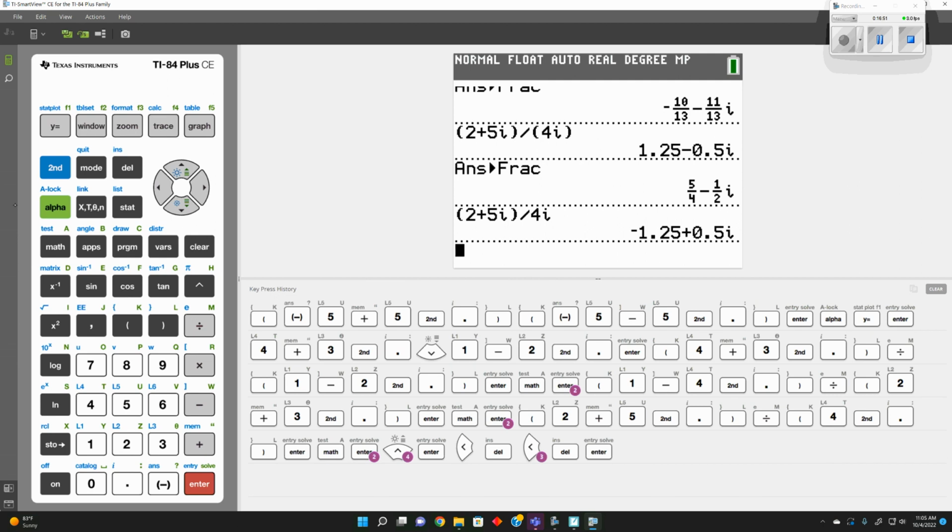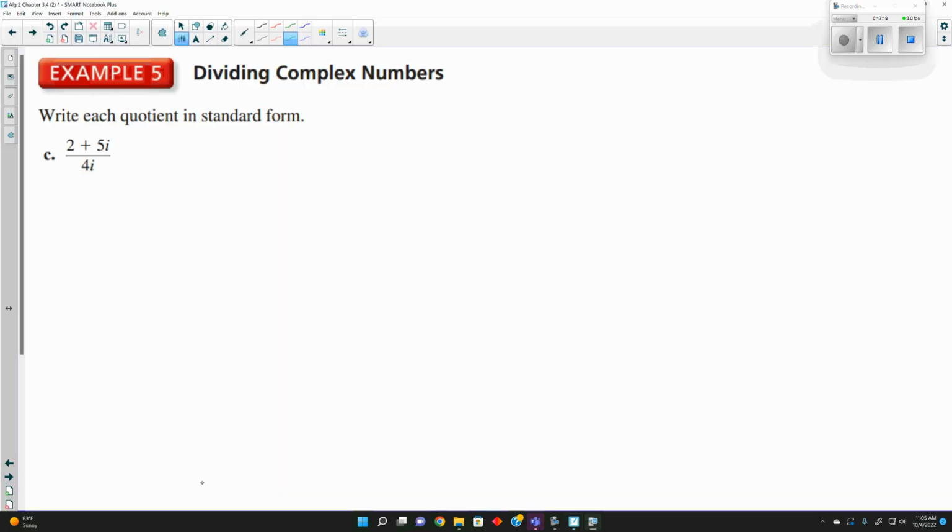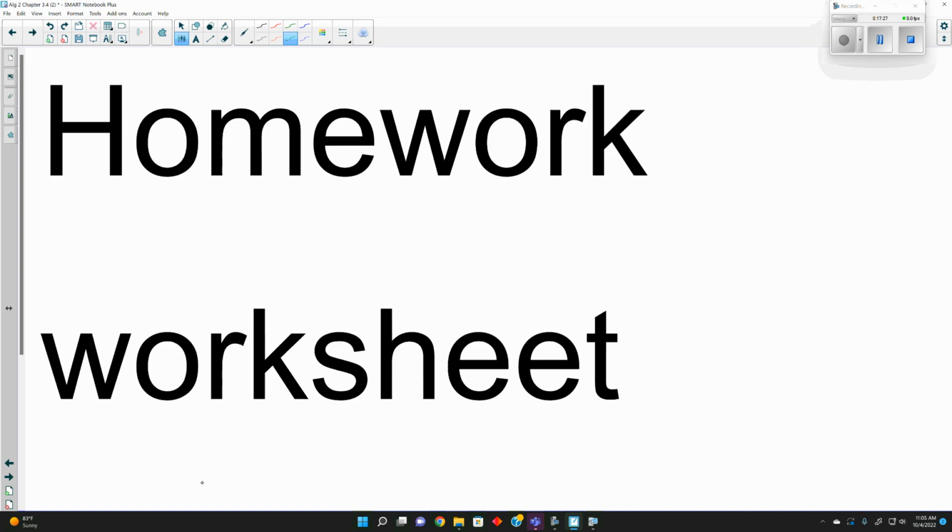Well, that would make this negative 5 plus 2i over 4, which is negative 5/4 plus 2/4 i. Well, negative 5/4 is our negative 1.25, and 2/4 is our other one. Any other questions on these here? That's it.